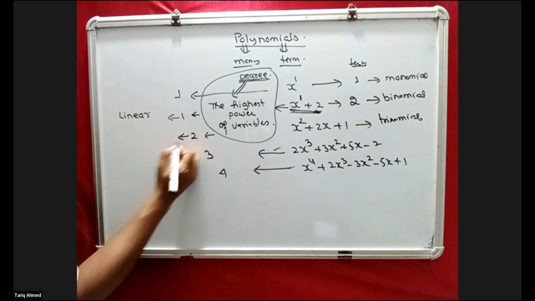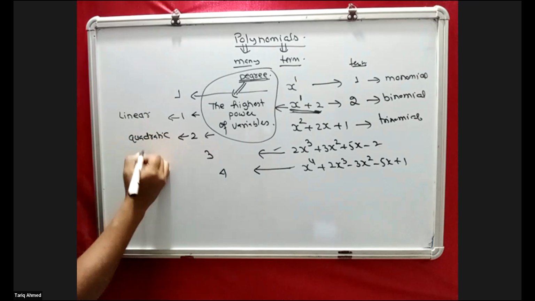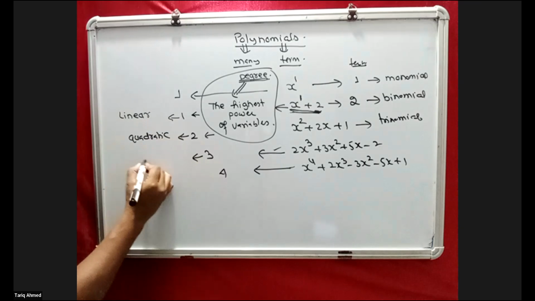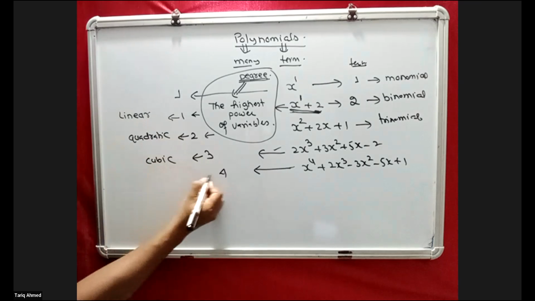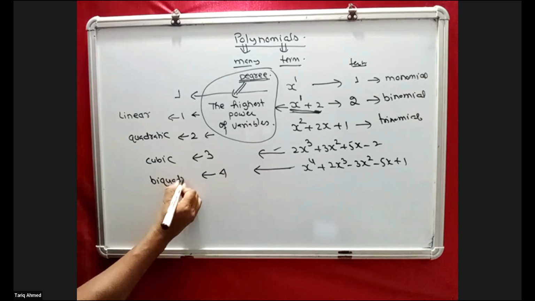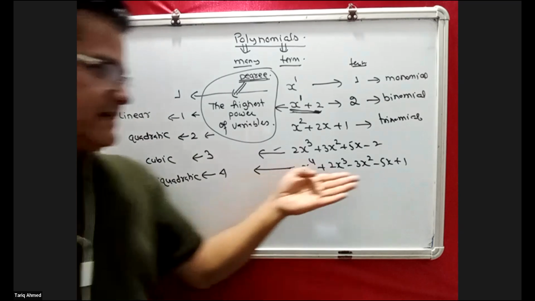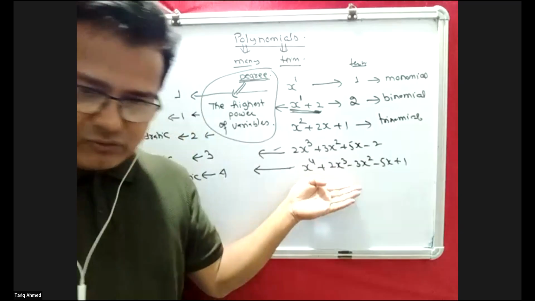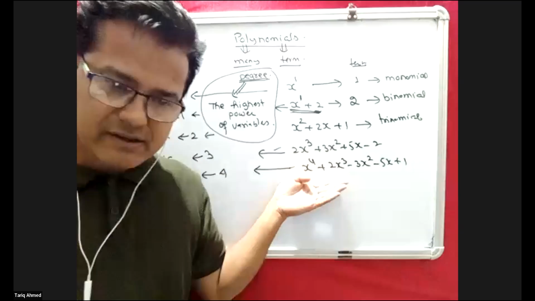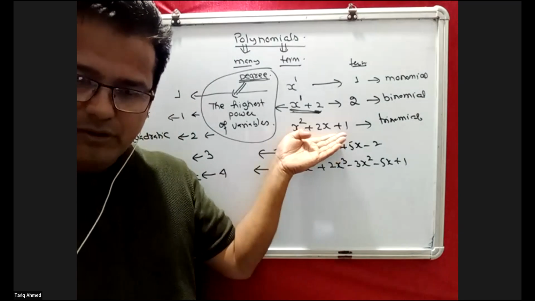When degree is 2, that is known as quadratic polynomial. When degree is 3, then cubic polynomial, and when degree is 4, then biquadratic. So this is a polynomial of degree 4, its name is biquadratic polynomial. This is cubic polynomial. This is quadratic polynomial.